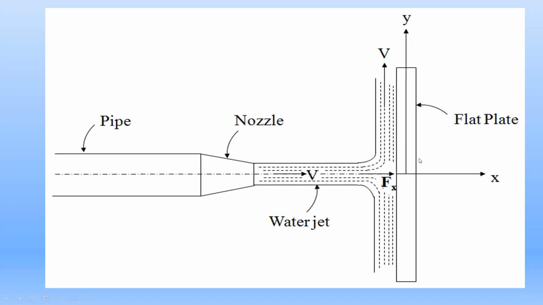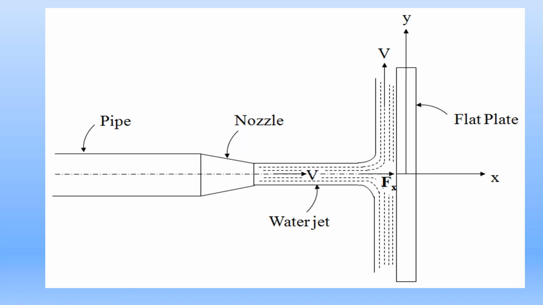We have the vertical flat metal plate, a flat surface, at rest. We keep this metal plate in front of the water jet, so this horizontal water jet will impact the metal plate.